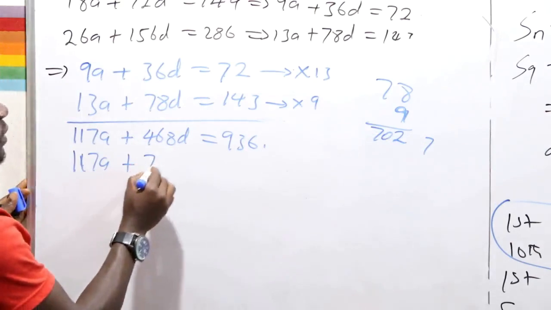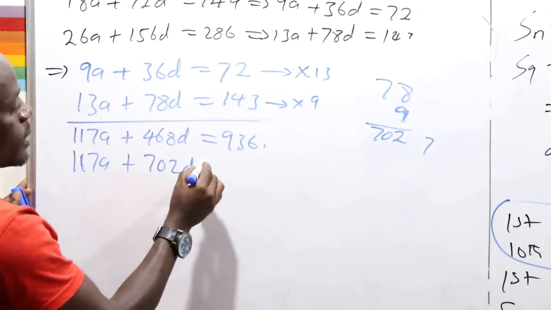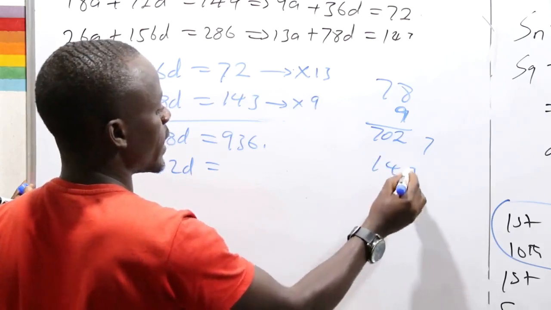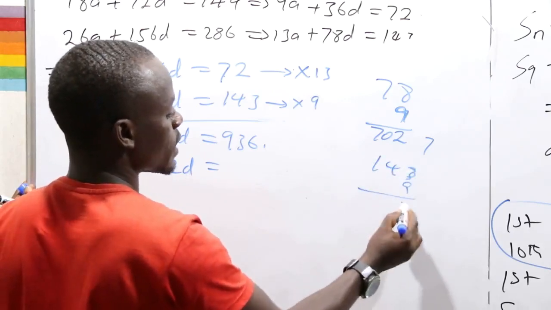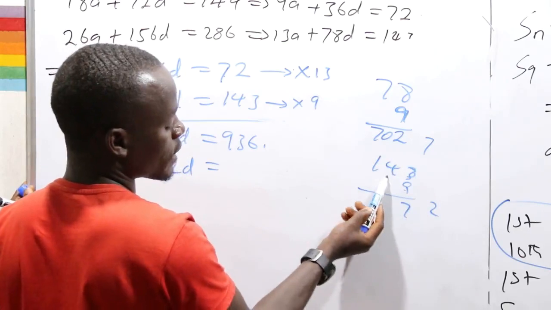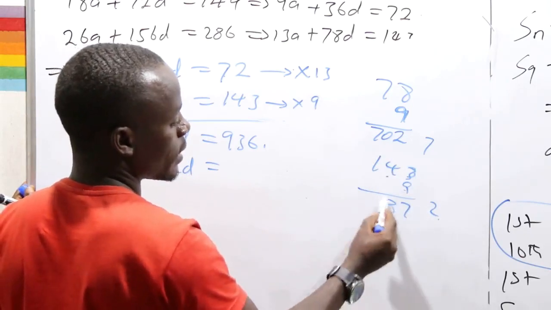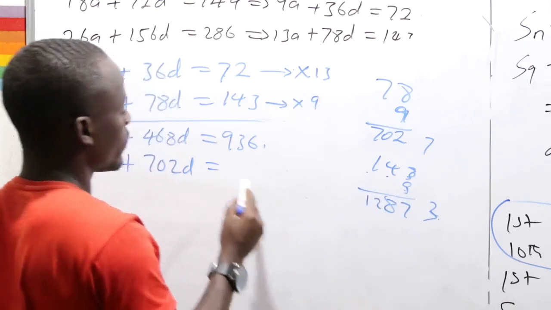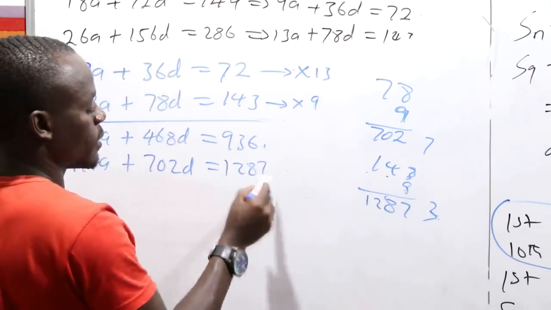So we have 702d equals 143 times 9. 9 times 3 is 27, 7 carry 2. 9 times 4 is 36 plus 2, 38, 8 carry 3. 9 times 1 is 9 plus 3, 12. So we have 1287.